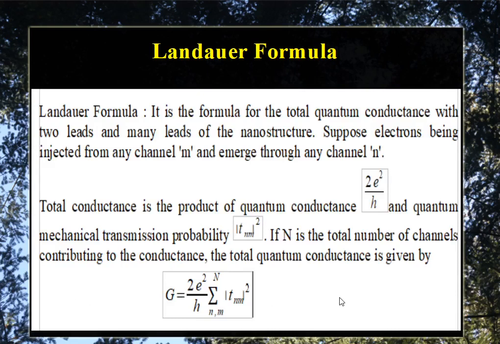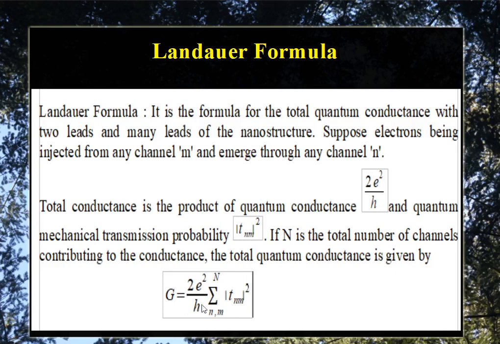Suppose there are n channels; in the previous case we discussed only one quantum wire. Then the total conductance will be the basic conductance 2e square by h multiplied by the probability of electrons crossing through the barrier, that is T_nm, the transmission probability.